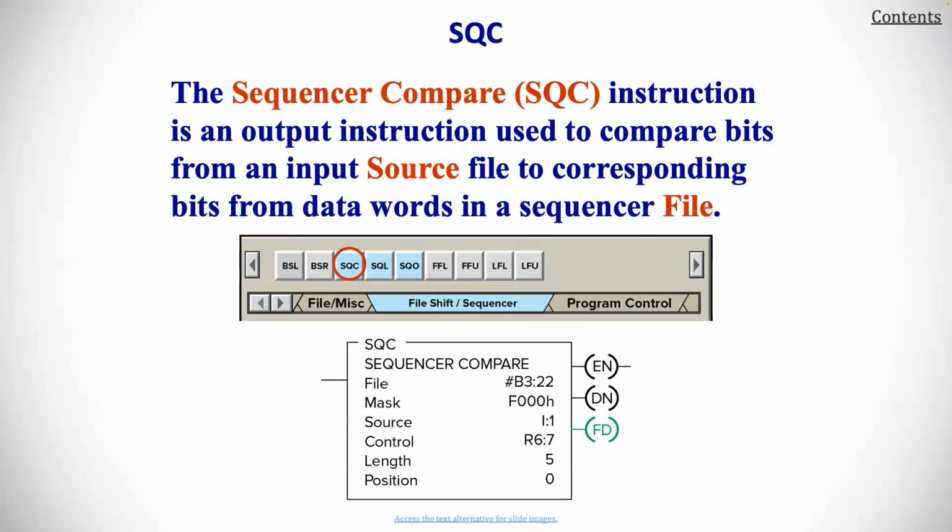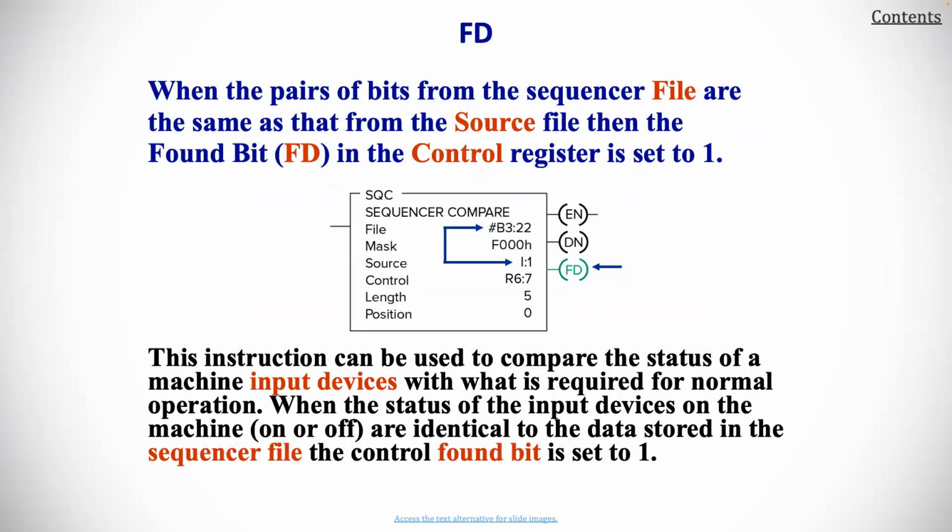The sequencer compare, SQC, instruction is an output instruction used to compare bits from the input source file to the corresponding bits from data words in a sequencer file. When the pair of bits from the sequencer file are the same as that from the source file, then the found bit, FD, in the control register is set to 1.